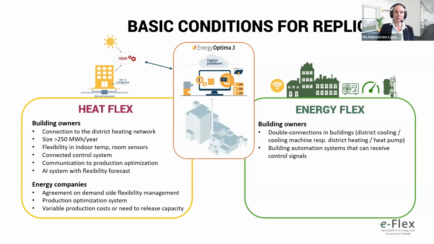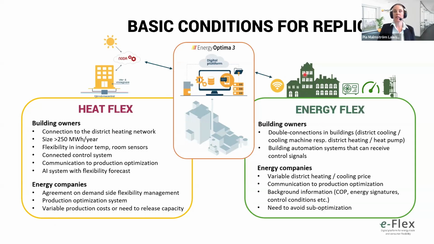For the energy companies, for the heat flexibility to be replicated, you need an agreement with the building owners on this demand side flexibility. You also need a production optimization system. You need a variable production cost or a need to release capacity in the energy system. And for the energy flex, you need a variable district heating or district cooling price.